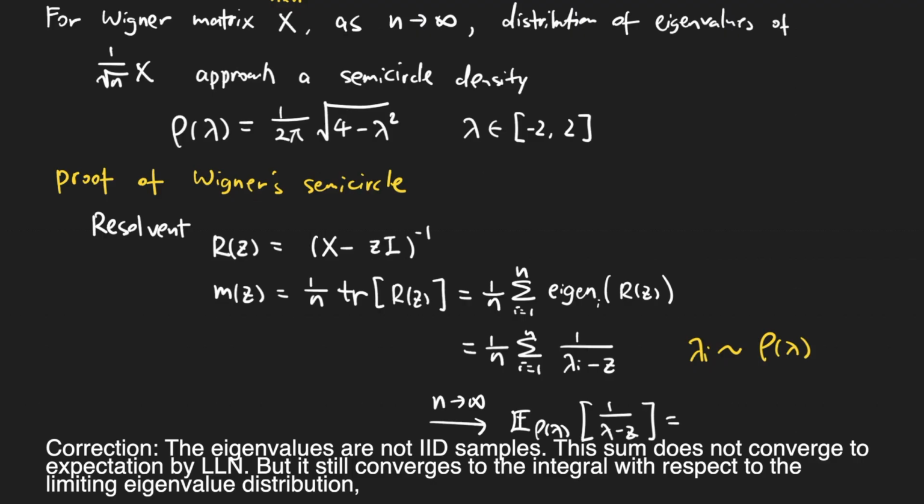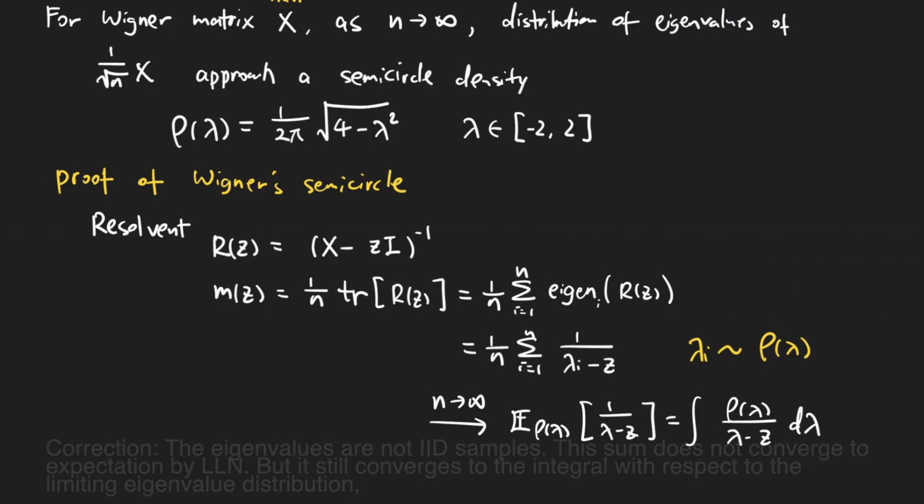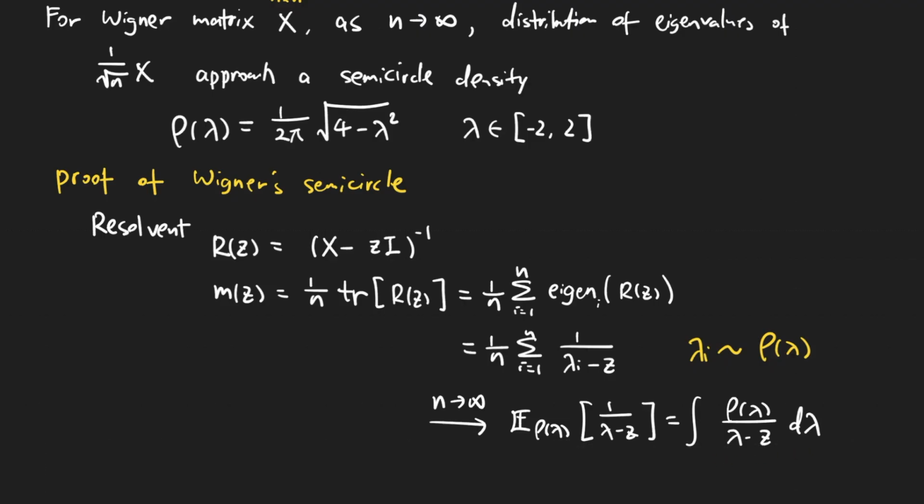We can write that as an integral of rho of lambda over (lambda minus z) d lambda. So see that this formula here looks like a transformation. This is called a Stieltjes transform.